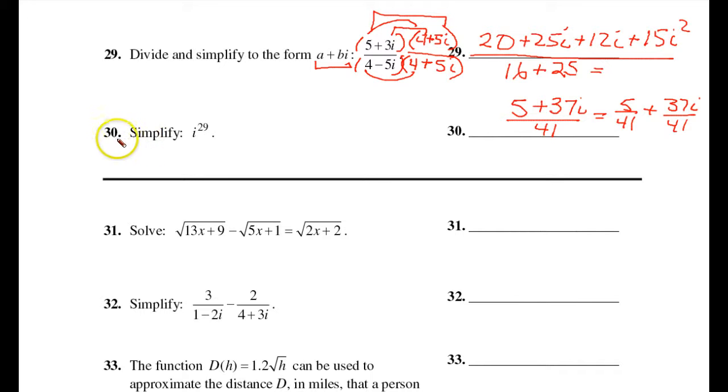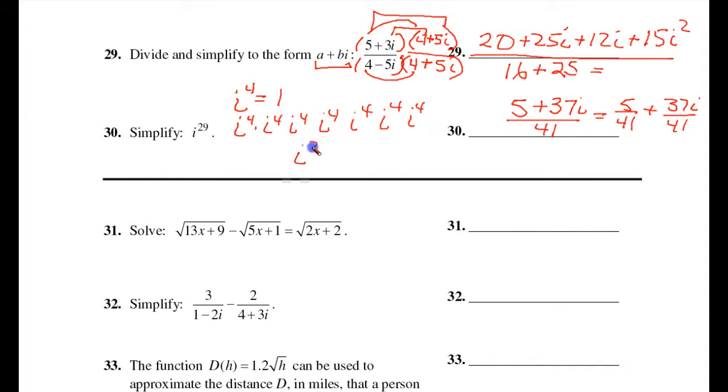Okay, for number 30, they're asking us about powers of i. Well, you recall in our class, we said that i to the fourth was equal to a positive 1. So how many i to the fourths do we have here? Well, let's just write it out. i to the fourth, that's 8. i to the fourth, that's 12. i to the fourth, that's 16. i to the fourth is 20. i to the fourth is 24. i to the fourth is 28.